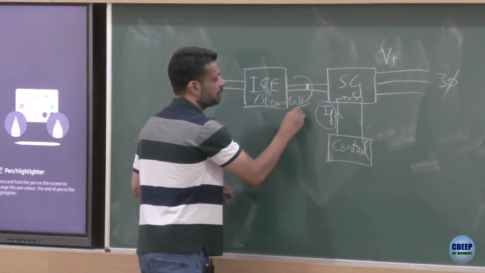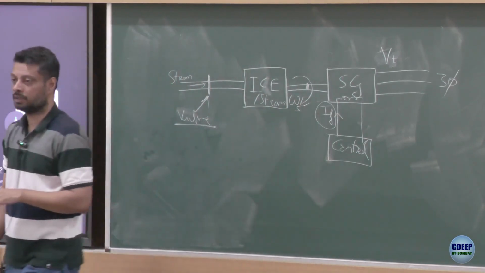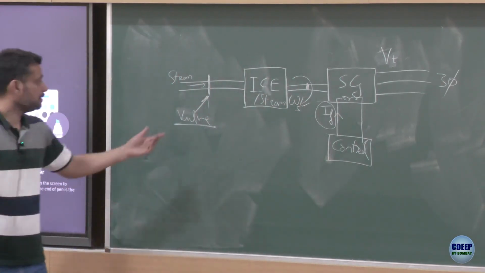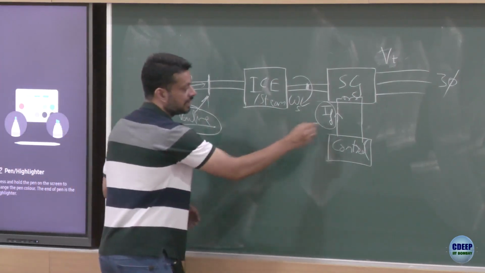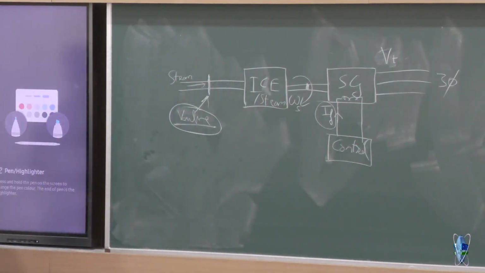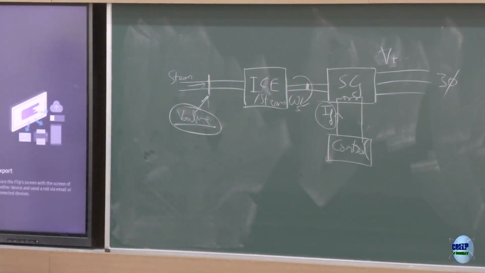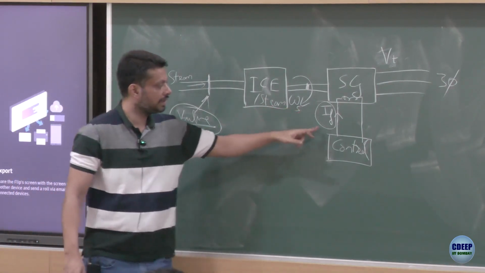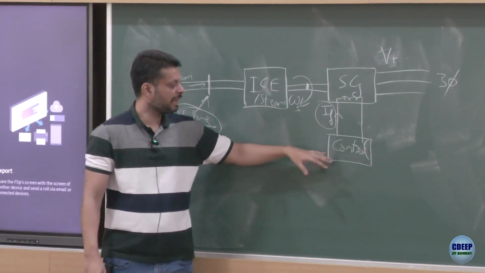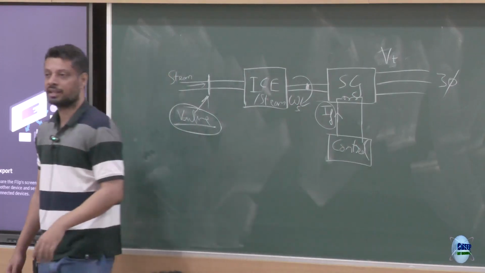If it's less steam, less pressure, this guy may rotate slower. So this is one of your control parameters. This is your second control parameter. These are the two input control parameters which you have. You can control the valve, thereby regulating the steam that is going and hitting the turbine, or you can control the field current, which can be controlled using some power electronic converter.